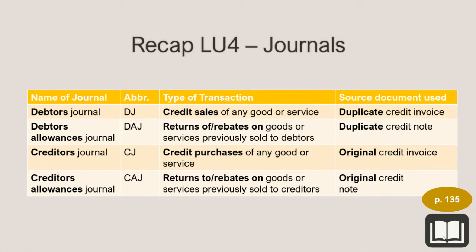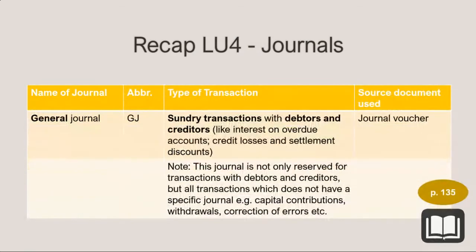Then you also have your debtors journals, your debtors allowance journal, creditors journals, creditors allowance journals. Those are your credit journals, which we will touch on today for Learning Unit 5. And then you've got your general journal. That is basically your additional journal, which doesn't fit. So any transaction which doesn't fit either into your cash or your credit journals.